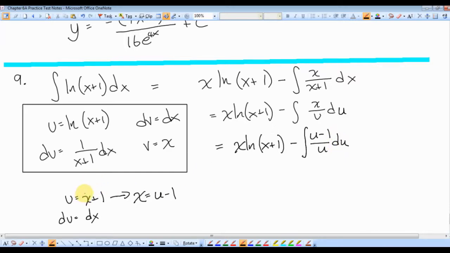This is an instance of that substitution after a U-substitution. Oh yeah. I forgot you could do that. That makes sense. Okay.